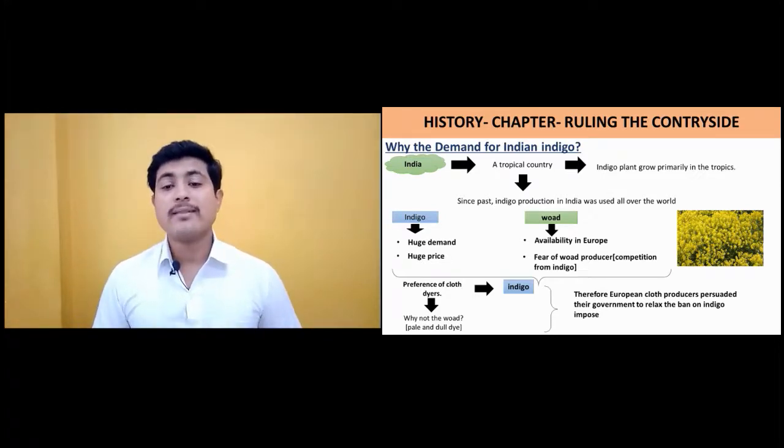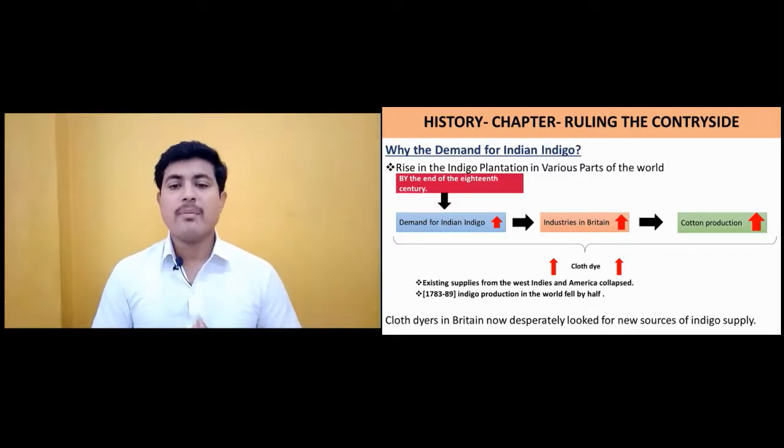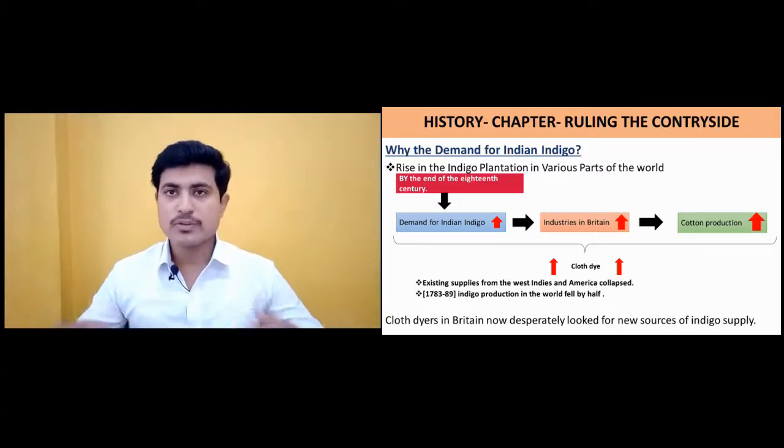Now, a rise in indigo plantation in various parts of the world started happening. By the end of the 18th century, demand for indigo further increased. Industries in Britain were in need of more indigo, cotton production and cloth dyeing also started increasing.